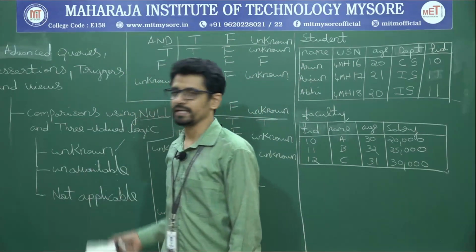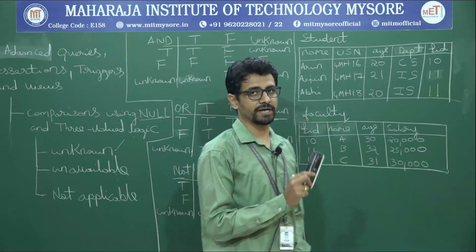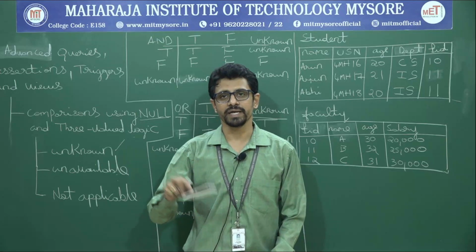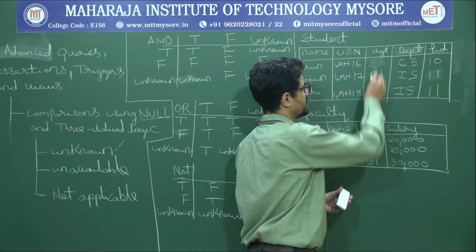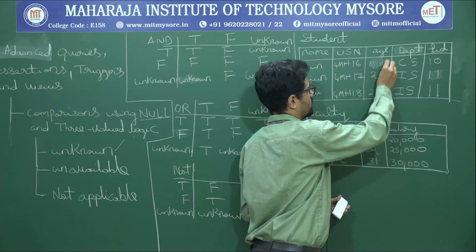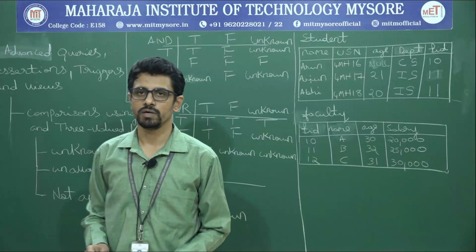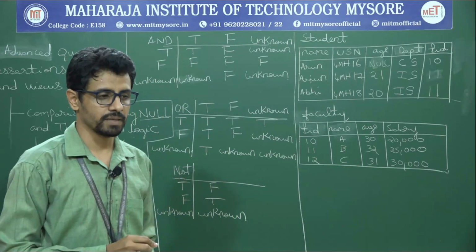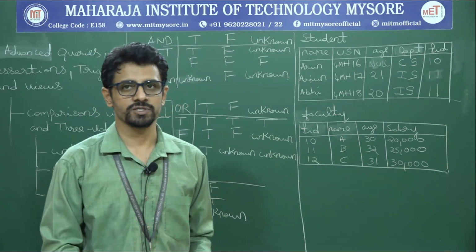Next, the unavailable. For example, age is one such attribute which gives me the unavailable type of null. What is that? Say for example, I'll put null here for the first student. What does it indicate to you all? Null indicates in that case age is not available, because there can't be a student without an age.